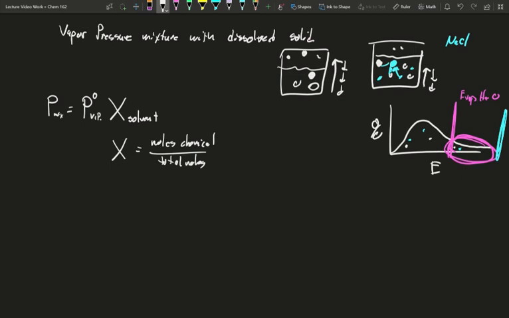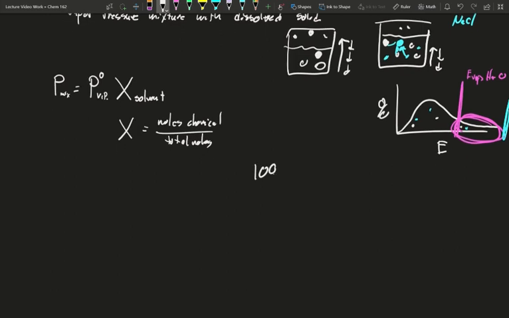Let's do an example here. I have 100 grams of water, and we'll make it something easy. I have 18 grams of sugar. So instead of salt, let's just look at a sugar molecule. I combine these, and we are at 90 degrees Celsius.